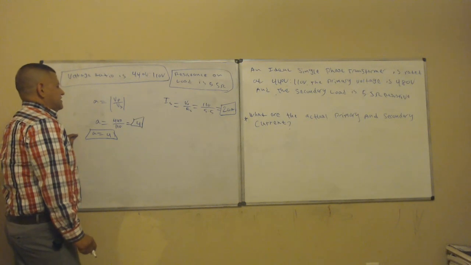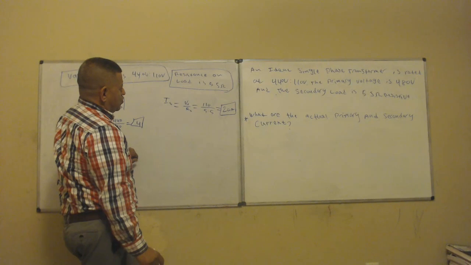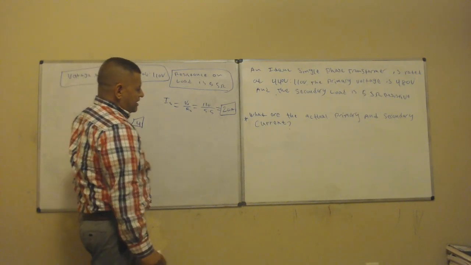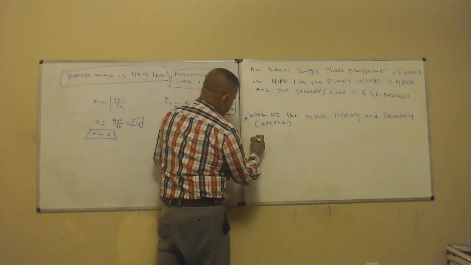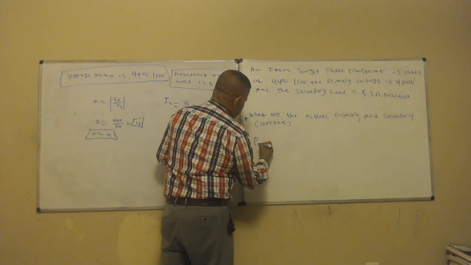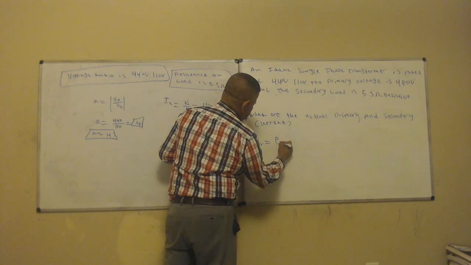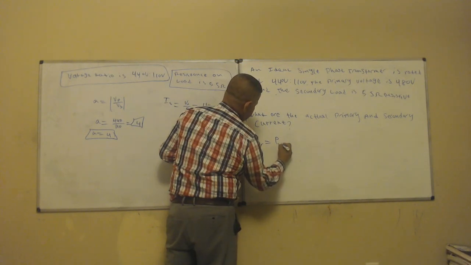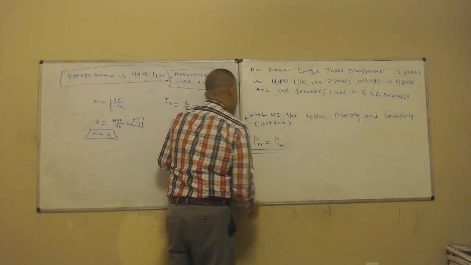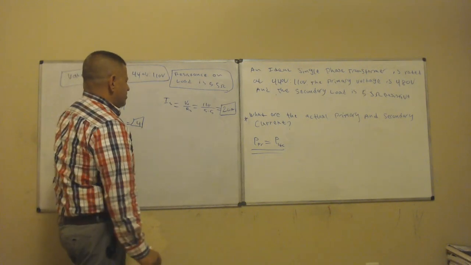So now, look at this. We have 20 amps in the secondary. One thing you can notice here is that you can say P primary is equal to P secondary. You can use this definition if we play with some numbers.